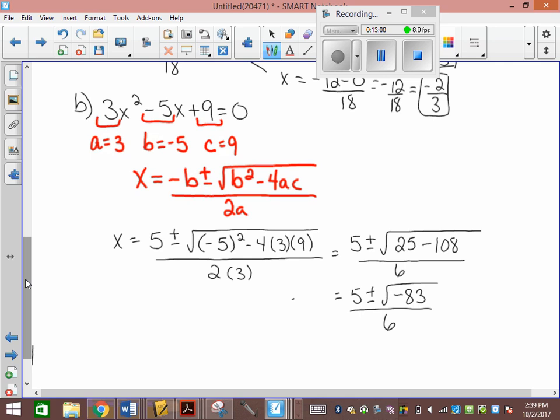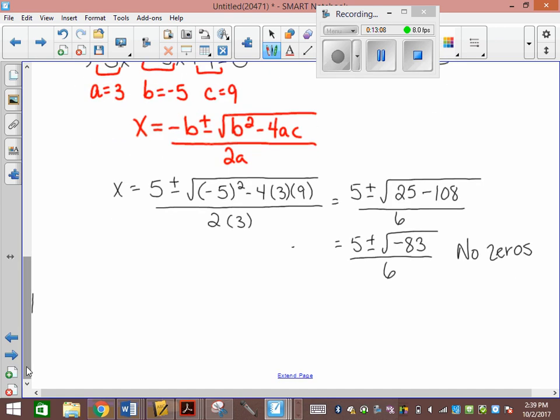So there's no zeros. So what can we say about the discriminant now? You get that. b squared minus 4ac is less than 0. And we have no real roots.